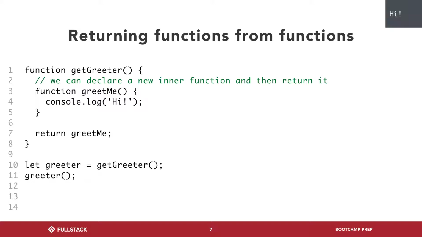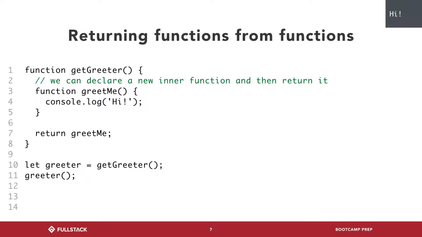That makes sense, right? So when I go into this getGreeter function, one thing to be careful about is, hey, on lines 3 through 5, I've created this greetMe function, right? That's it. If line 7 said return true or return a number, then even though I've created this function called greetMe, I've never used it. So just because something is created doesn't mean it's always going to be used.